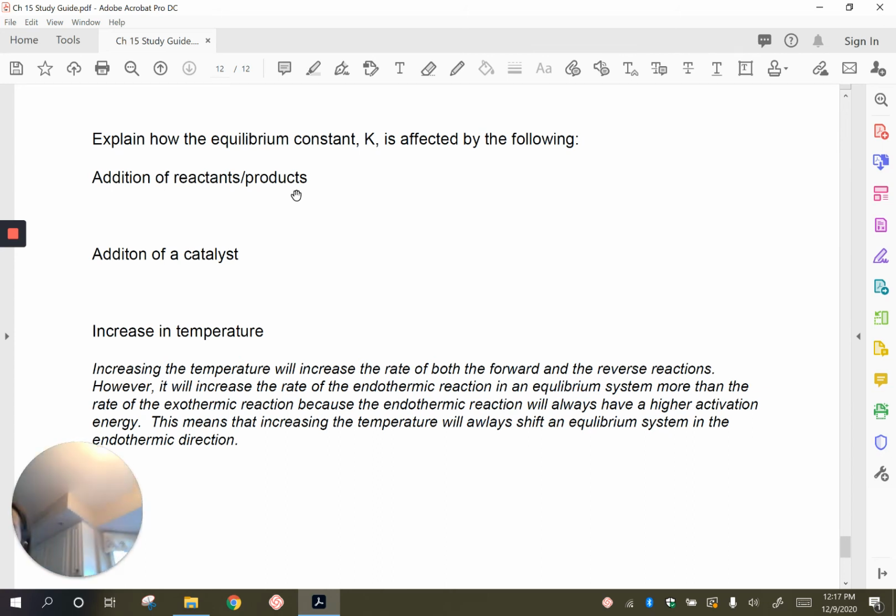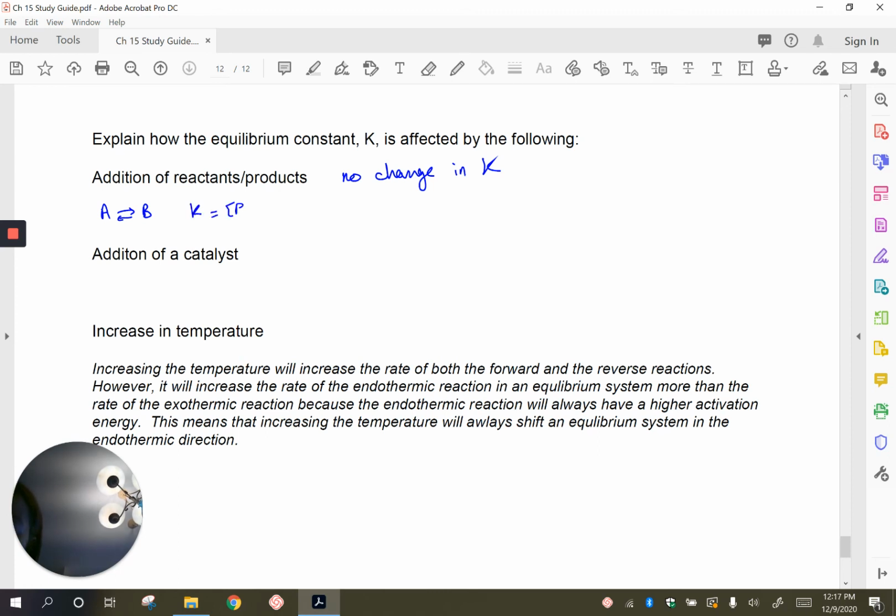And let's see why. So addition of reactants or products, no change in K. Well, why? So let's say that you have this reaction right here. And let's say my K is the concentration of B over the concentration of A. Let's say I add more A. I increase A, right? So I've increased this concentration. Well, what's going to happen?